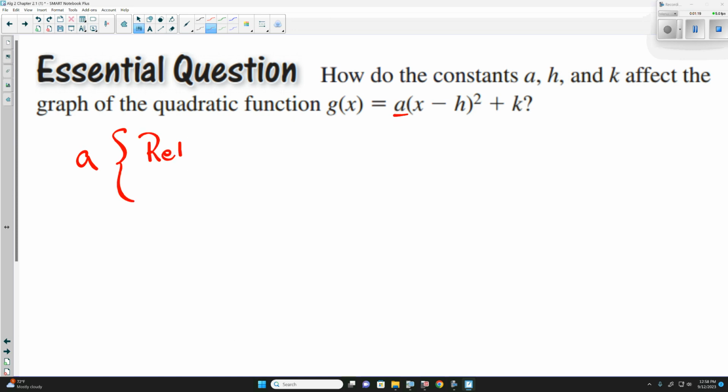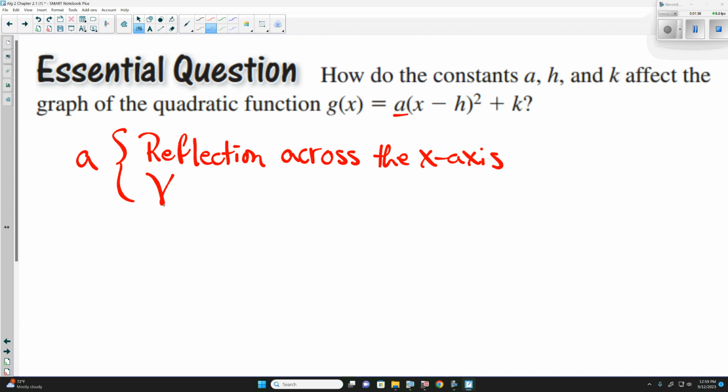One of them is a reflection across the x-axis, because if there is a negative where a is at, it's a reflection across the x-axis. If there's a number there, it's either a vertical stretch or shrink. If the number is between 0 and 1, it's a shrink. If the number is greater than 1, it is a stretch.